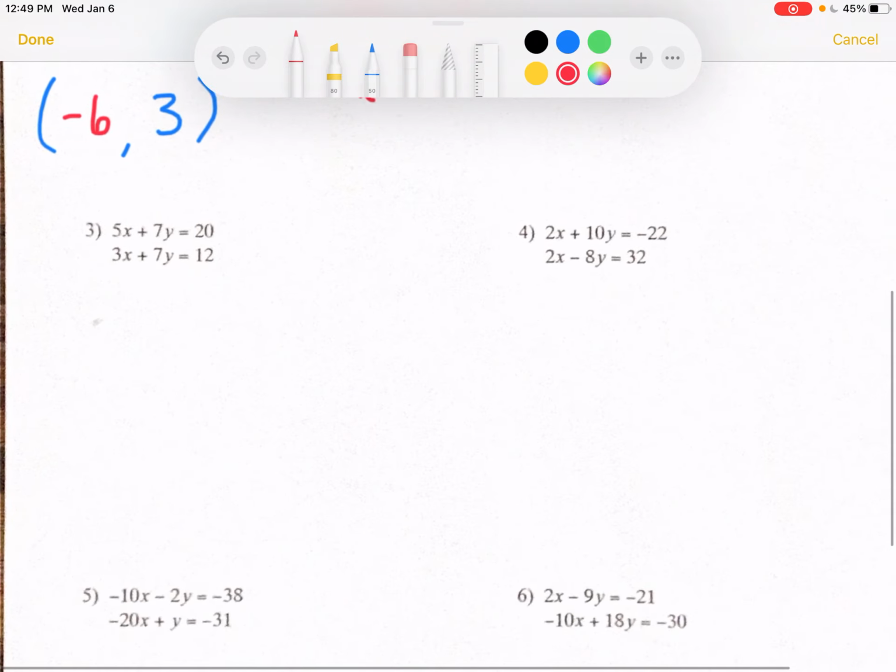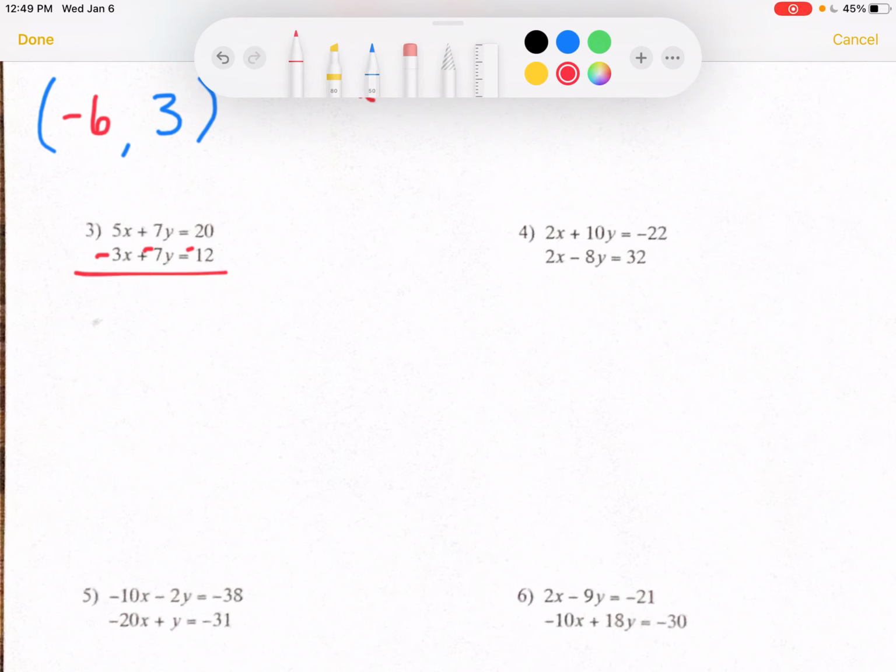Let's go to number 3 next. Okay, 3 is a lot like number 1, except that the 7s, these 7 y's, are both positive, and so they don't actually eliminate unless you do something first. So what I recommend is multiplying this whole equation by negative 1. You could even think about that simply as the signs are going to change. So negative 3x, negative 7y, negative 12.